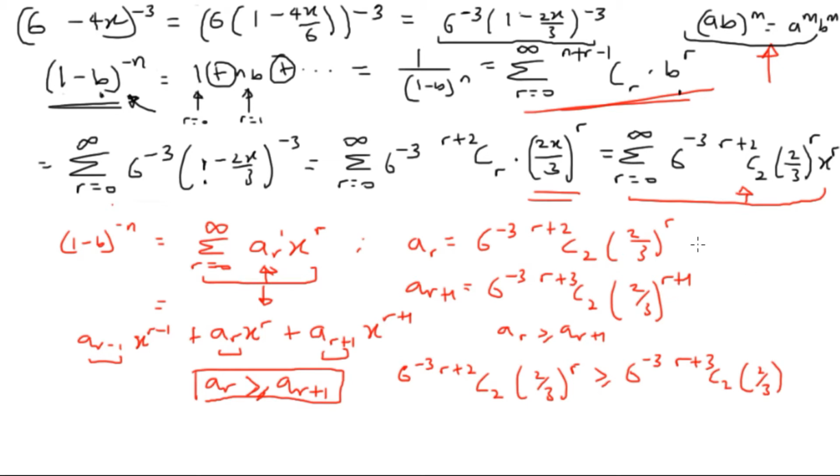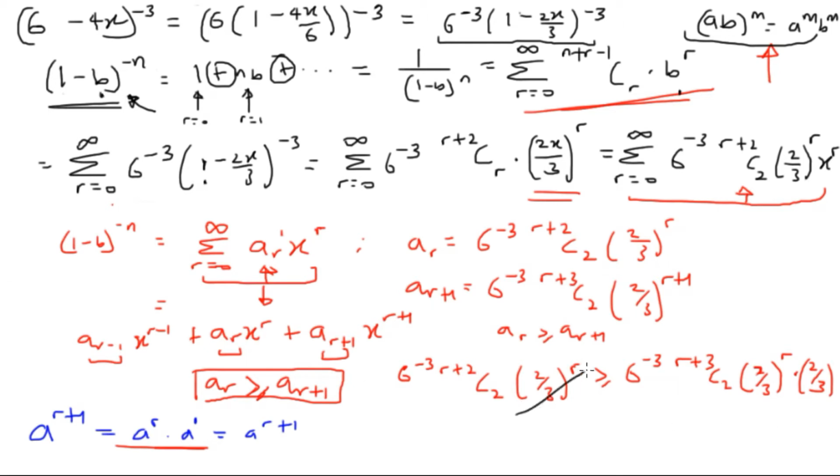Notice that according to the law of indices, a raised to power r plus 1 is the same thing as a raised to power r times a, because the power of this a is 1, and whenever you multiply two things with the same base, their powers are added. So I will just split this into 2 over 3 raised to power r, times 2 over 3, according to this law of indices. Okay, so I can now divide.